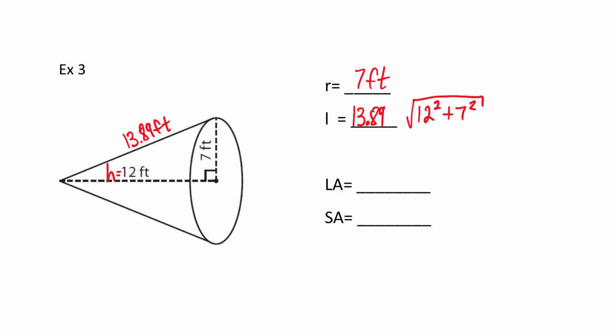Okay, so the slant height's 13.89. So we're going to do pi R L. What does that give you?